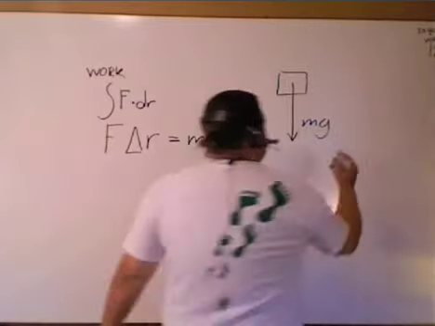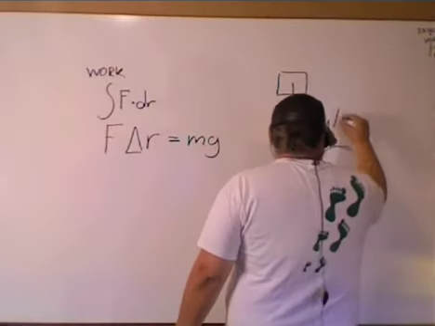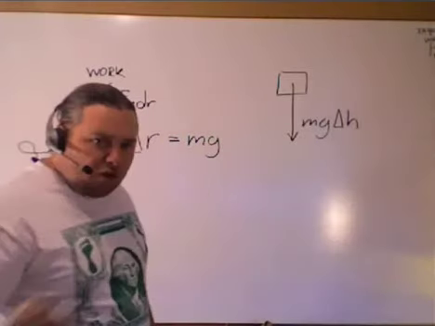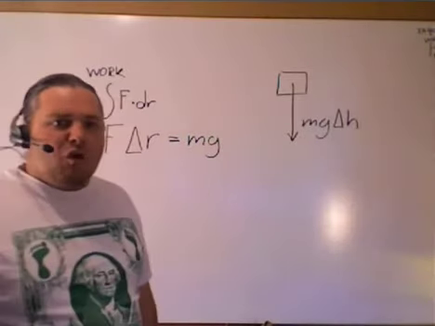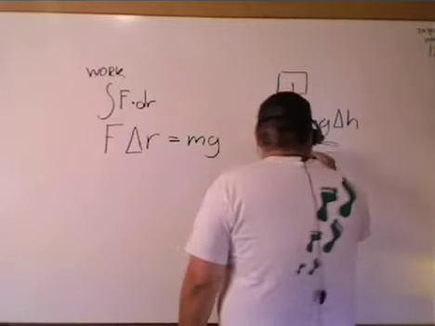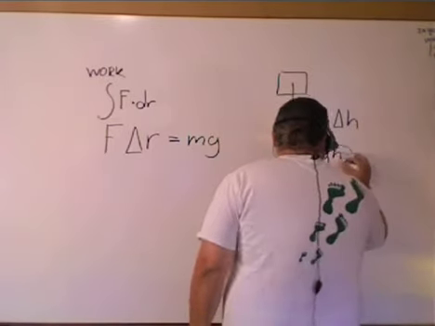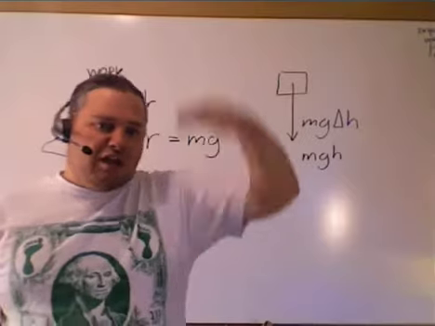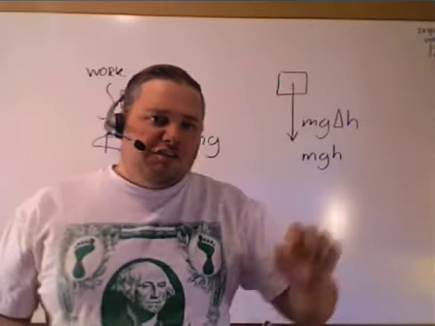So what we like to do is say that's mg delta h, or simplified, as you'll see more often than not, mgh, where h is height. So the change in an object's height is its energy.